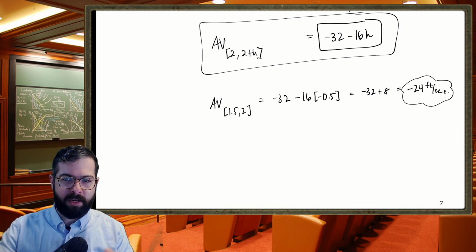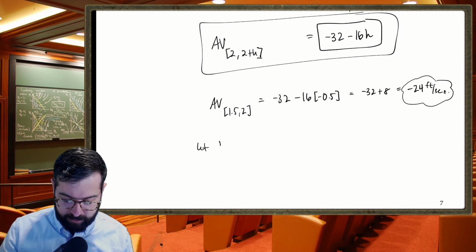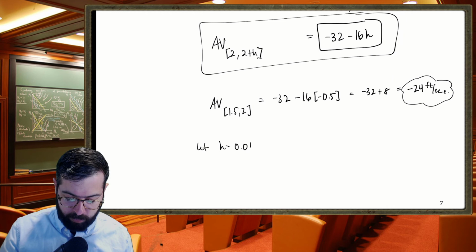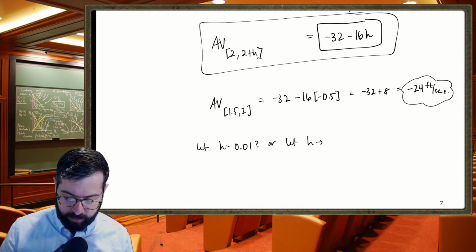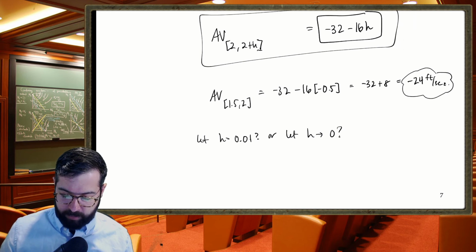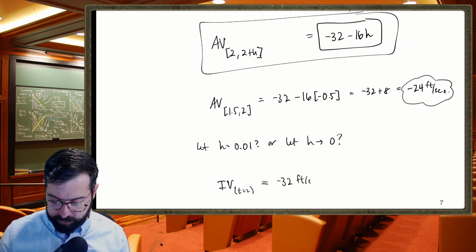So wouldn't the idea be to take h as small as I can get it? So maybe let h be, I don't know, 0.01, or let h go to 0. And then what do we see? We see, well, maybe the instantaneous velocity at 2. Let's write it like this. At t equals 2. Does this equal negative 32 feet per second?